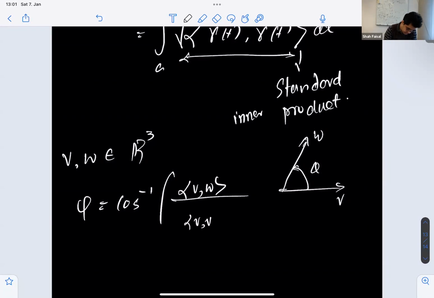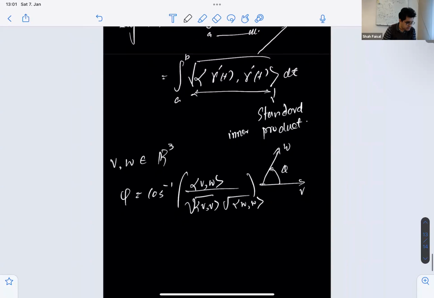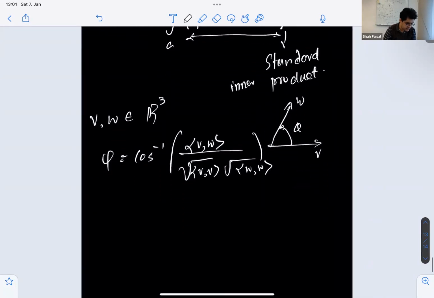So the norms are basically given by the inner product too. So if you have an inner product, you can define this length.